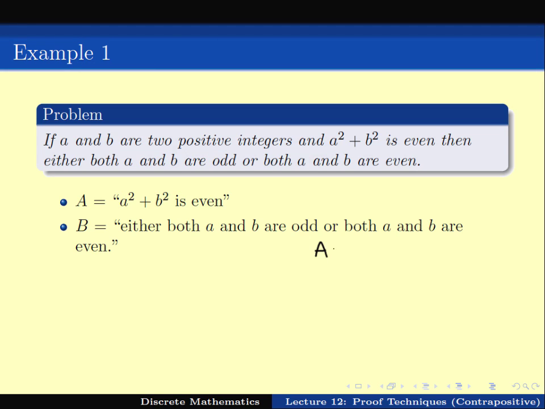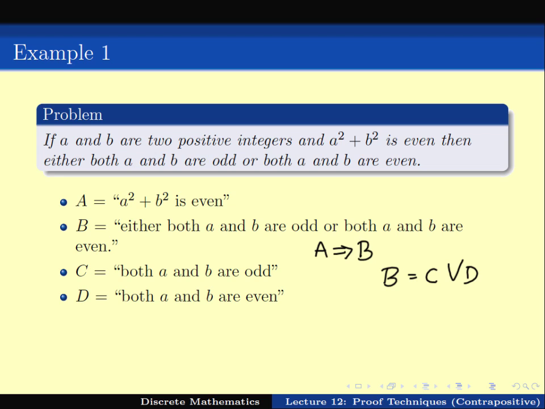Of course, we have to prove A implies B. But then this B can be written as C or D, where C is both A and B are odd and D is both A and B are even. Thus, if you now apply the contrapositive of this statement, what do we get?